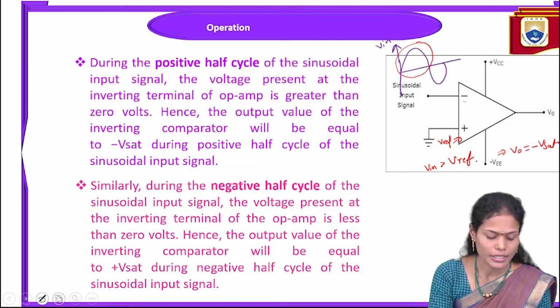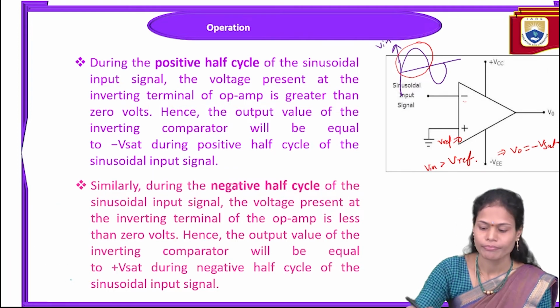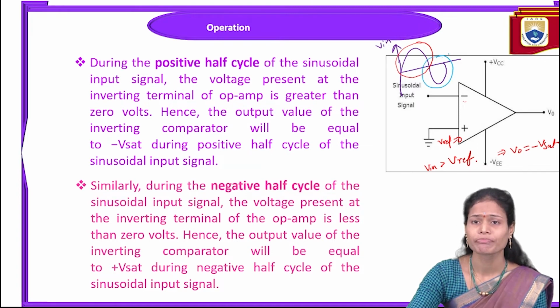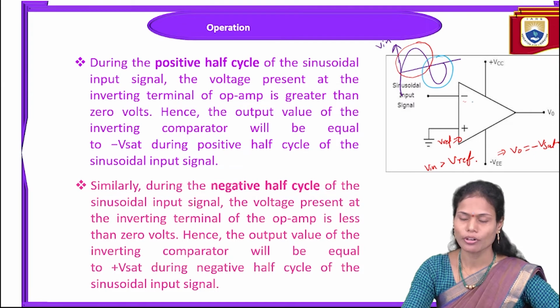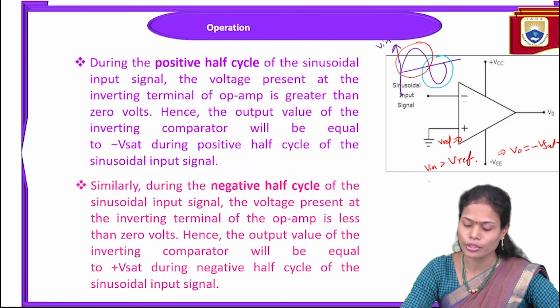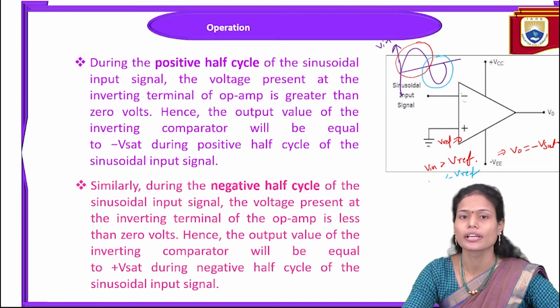And similarly, if I apply the negative half cycle to the inverting input of the operational amplifier, what will happen? This applied input voltage is less than the reference voltage. Why? Because it is a negative value, but the reference voltage is 0.